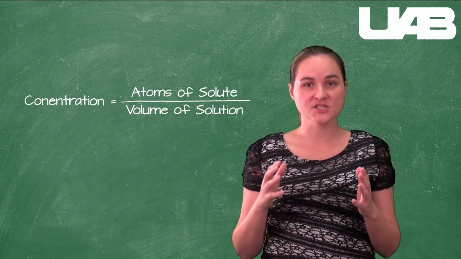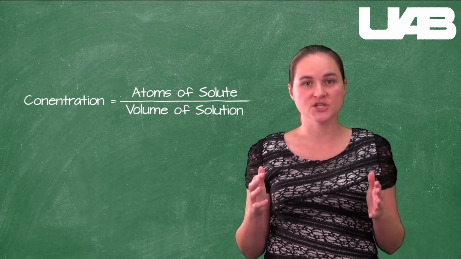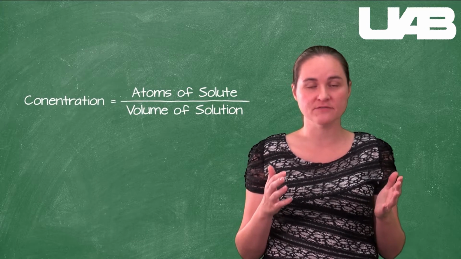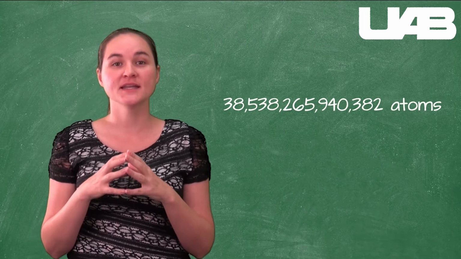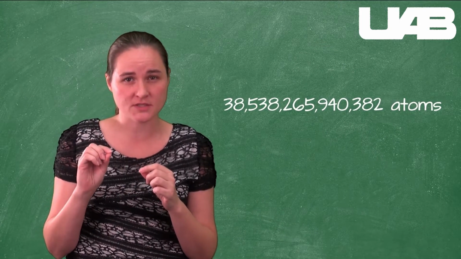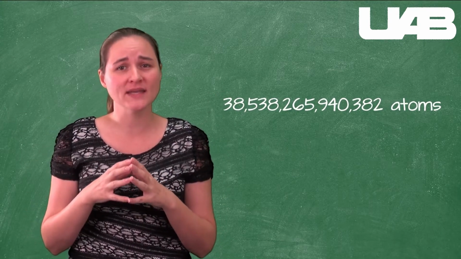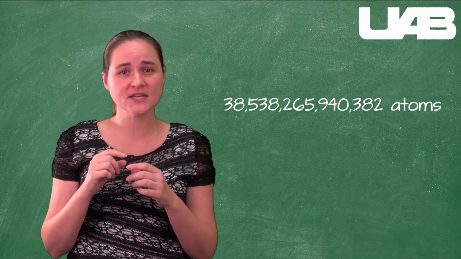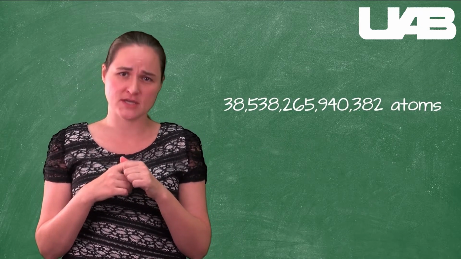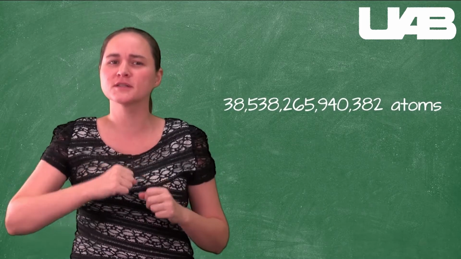We have discussed concentration by weight in other labs, but a more useful way to measure concentration is by how many atoms or molecules of solute are in a given volume of solution. Now, this poses a bit of a problem, because even just a few salt crystals contain an amazing number of individual atoms, and it would be quite tedious to say that you have 38,538,265,940,382 atoms per liter.